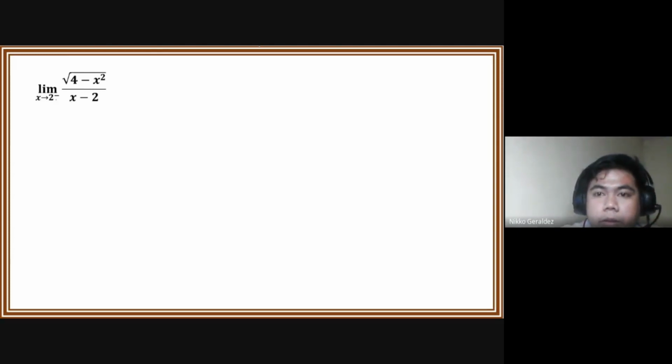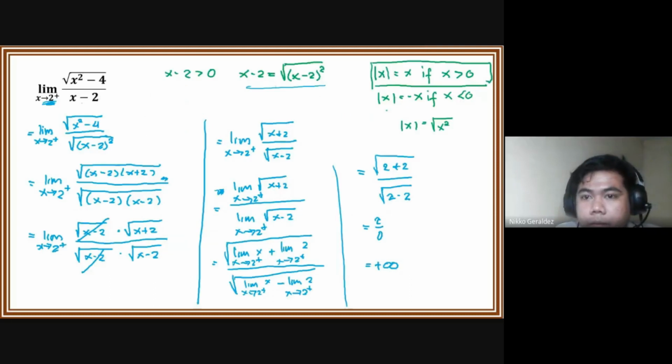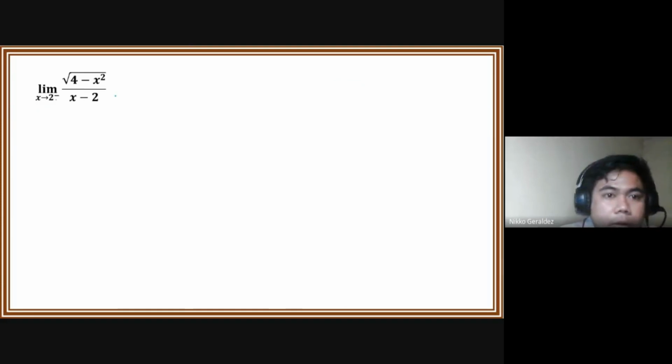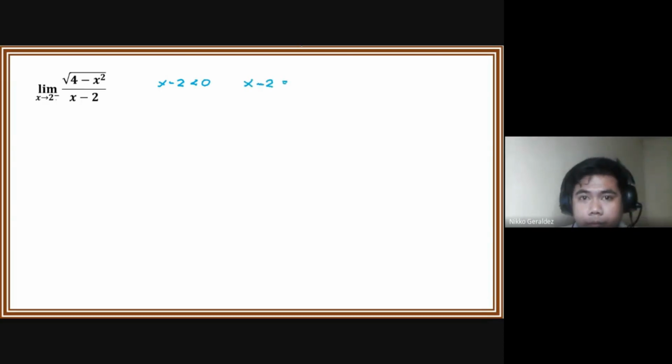Ito naman. So, absolute value of x is equal to negative x if x is less than 0. Denominator natin, so that is x minus 2, so less than 0. So, we have x minus 2. Absolute value of x is equal to negative x. So, x minus 2, so that is negative times 2 minus x.